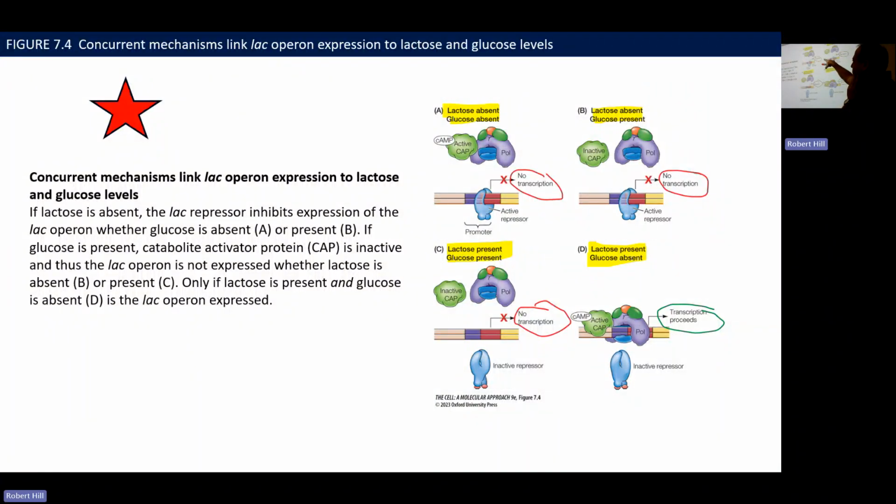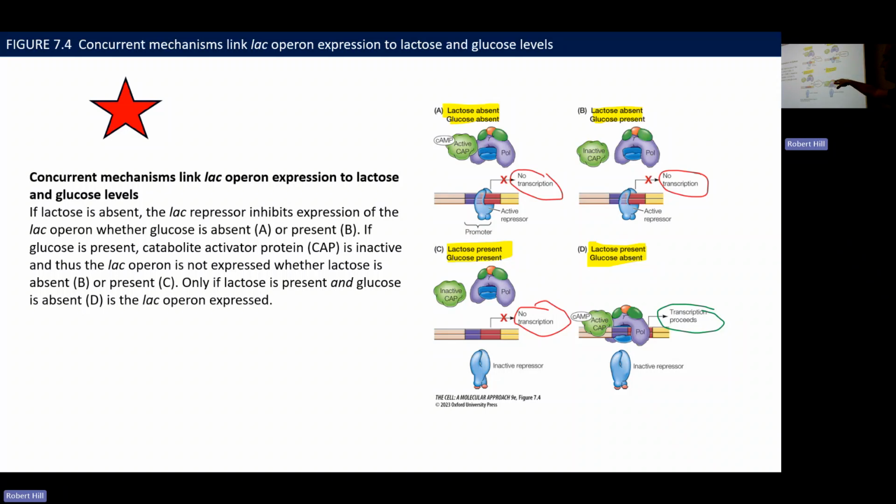With glucose being absent, though, catabolite activator protein is active, but RNA polymerase cannot get to the promoter because the repressor protein is already blocking it.